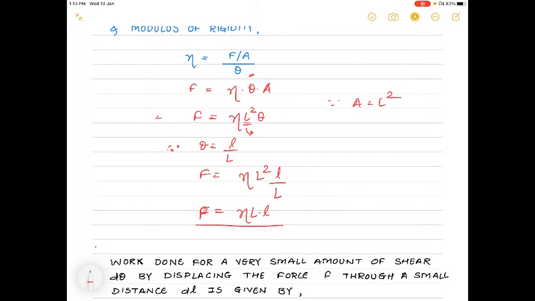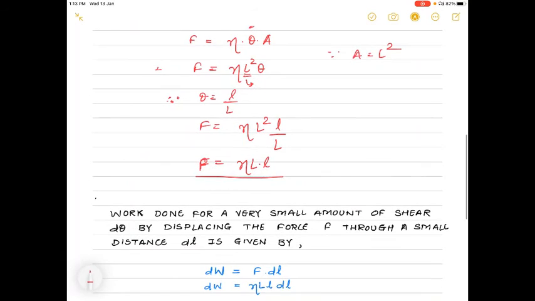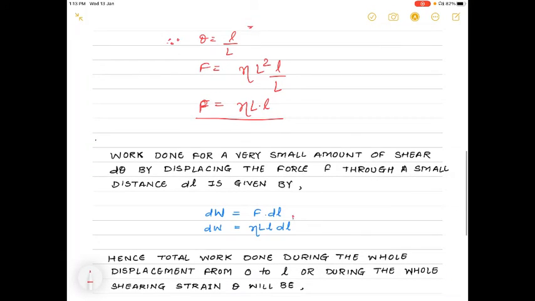Now work done for a very small amount of shear d theta, by displacing the force F through a small distance dl, is given by work done equals F dot dl. We know F is equal to eta into capital L into small l. We substitute it over here, so we get dW equals eta L small l dl.